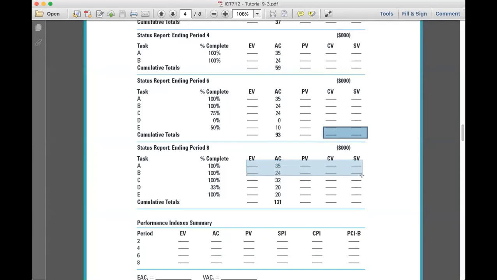What about here? 32, 32. Yep. 80. What about here? 48, 48. Yep. 16, 0. And what about here? 6, 10, minus 14, minus 4. What about here? 28, 28, 8, 0. And what about here?